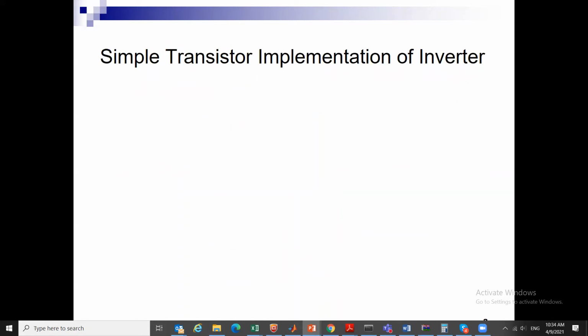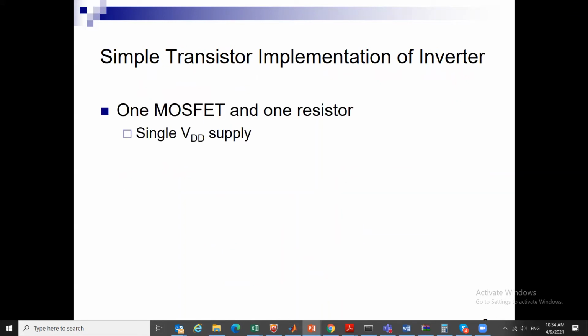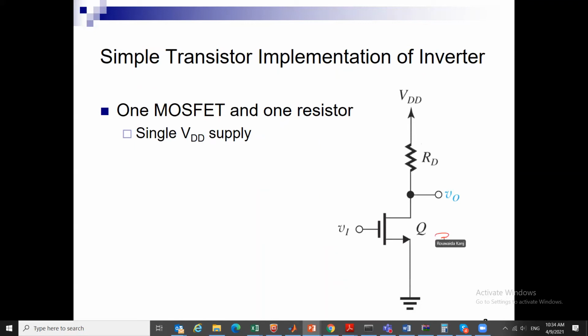The simple transistor implementation of the inverter has many versions, but the simplest is a transistor and a resistor. This is an NMOS, or a pull down, that turns on or off as a function of Vn. The resistor is a load device, and this load device connects the output to VDD.